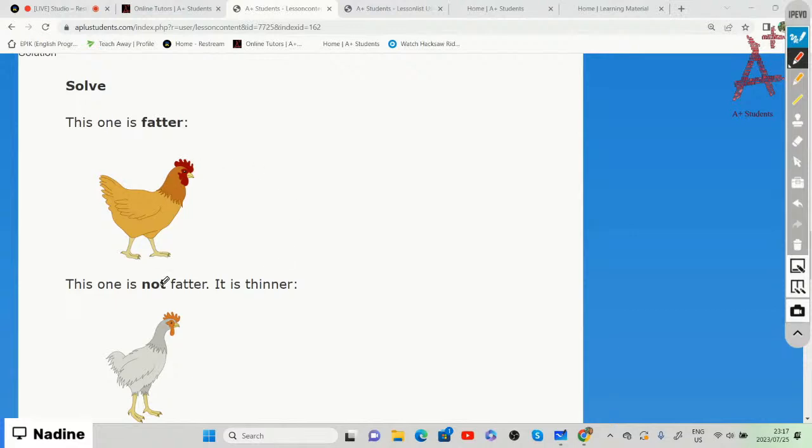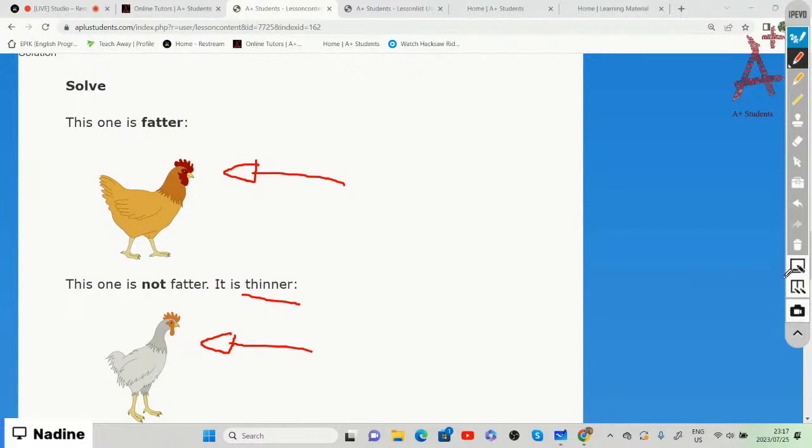If we look at the two pictures, we can say the top chicken is fatter than the one at the bottom. So the brown one is fatter than the gray one, which means that the gray one is thinner than the brown chicken.